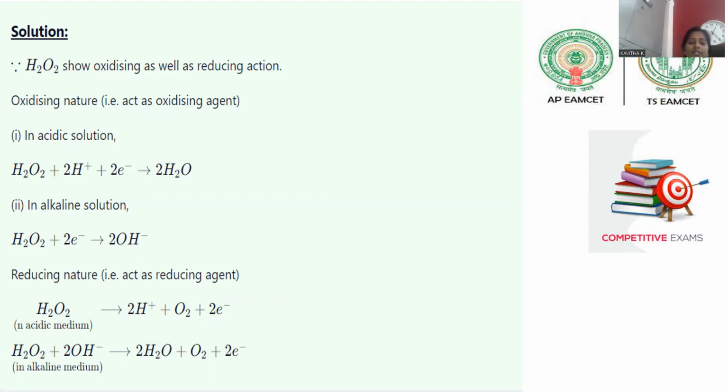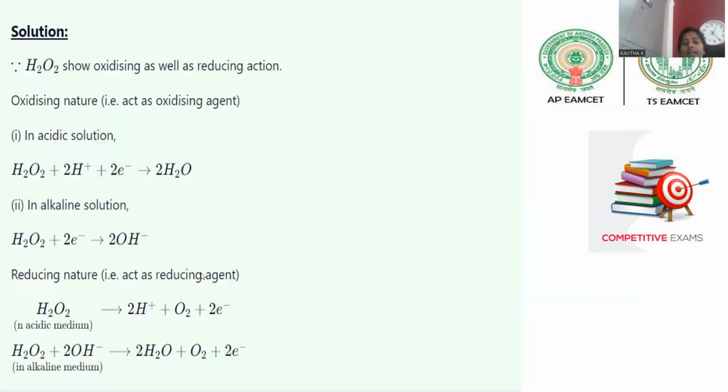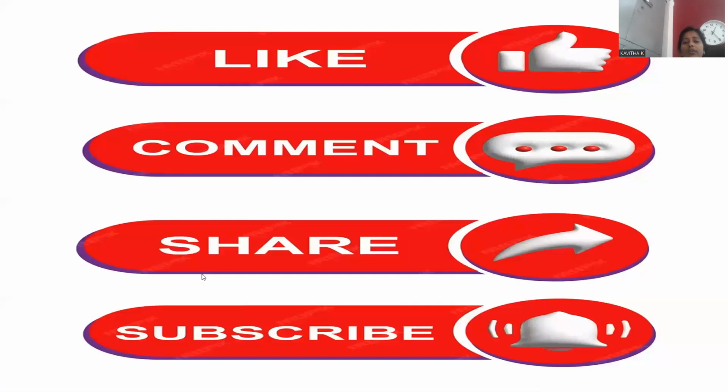It will reduce other substances. So this is the way: in some cases it will be an oxidizing agent, in some cases it will be a reducing agent, so we can say redox properties are proven in all four reactions, so we can put the tick mark for all four chemical equations. This is the way we concluded with the various dimensions of chemistry.